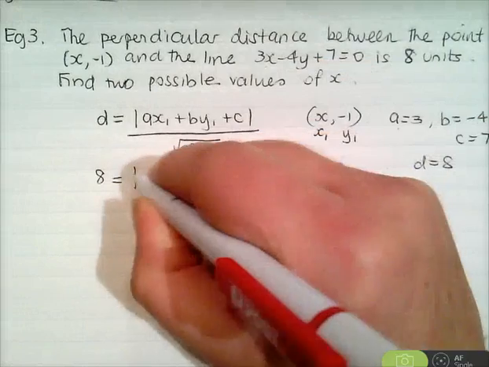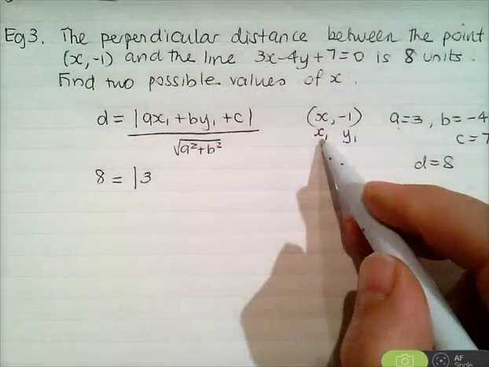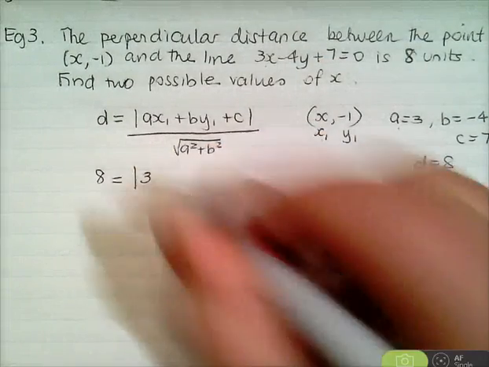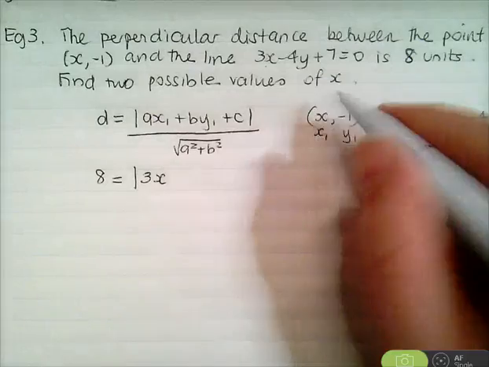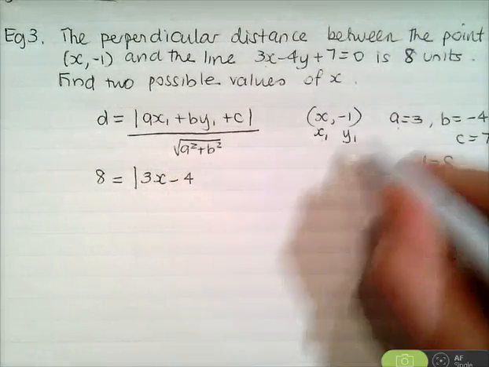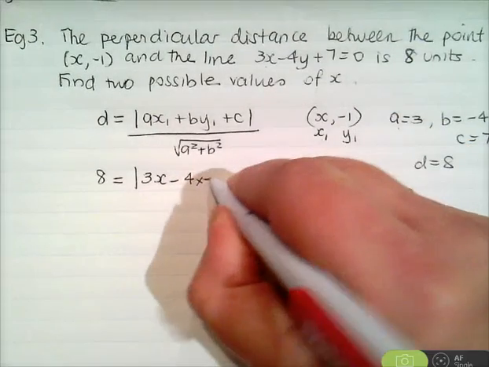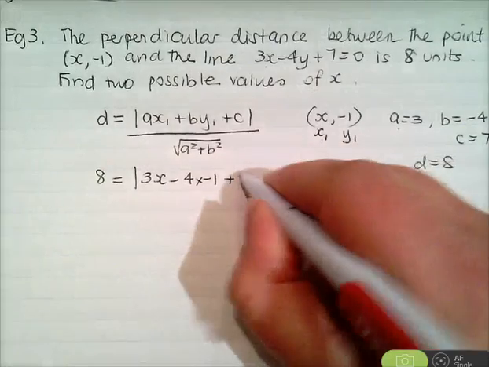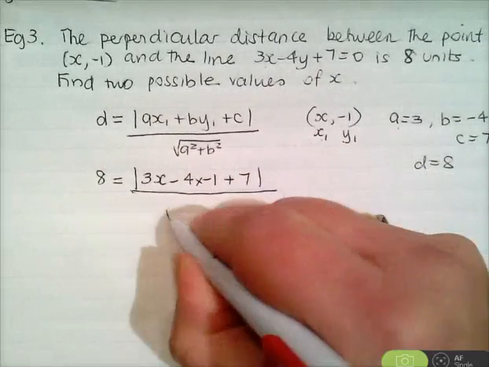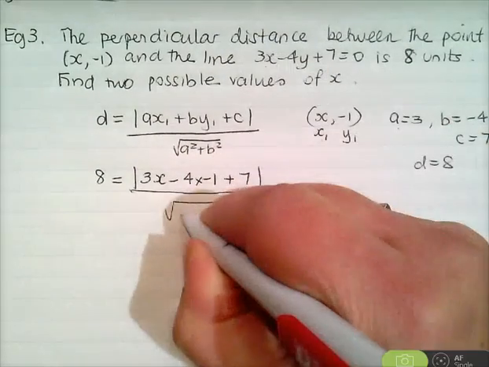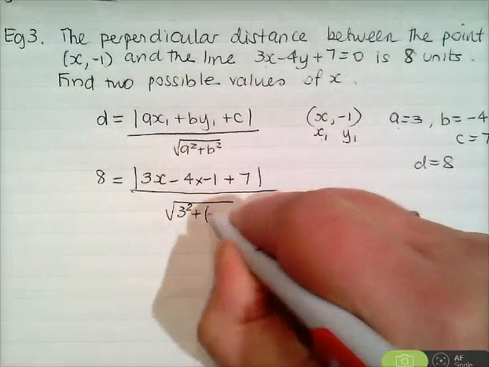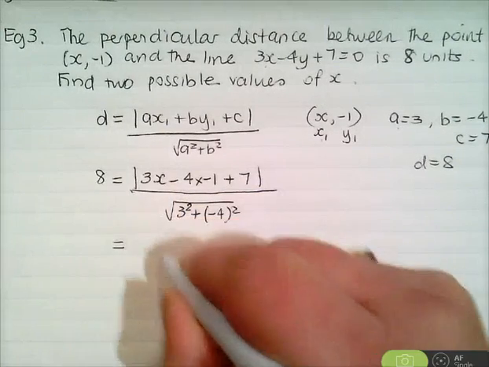So we're basically writing the equation of the line. We go 3, and then we substitute in here what x1 is, and it's x. And we go minus 4 times whatever y1 is, which is -1, plus c, which is 7, over the square root of a squared plus b squared, so it's over the square root of 3 squared plus -4 squared.